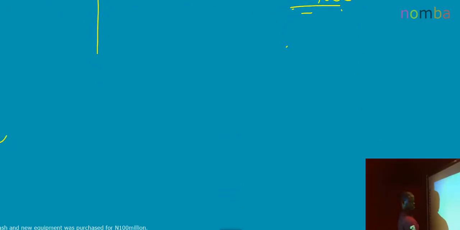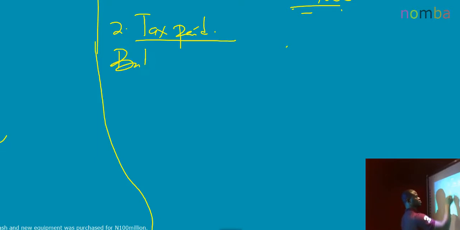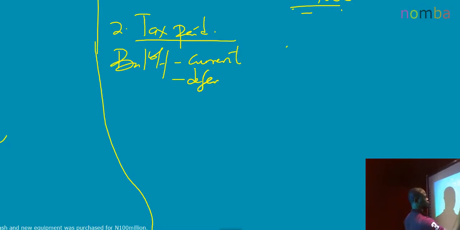So let's go to our workings to see how to determine how much of this tax has been paid. I want to determine the tax paid. The first thing I will have is my balance brought forward for the current and for the deferred.